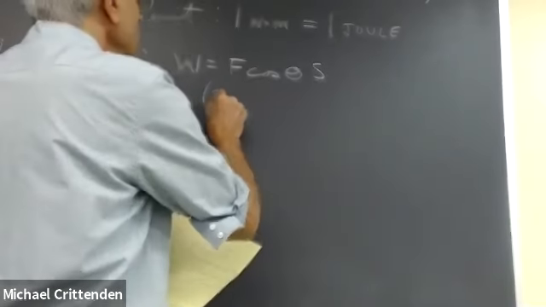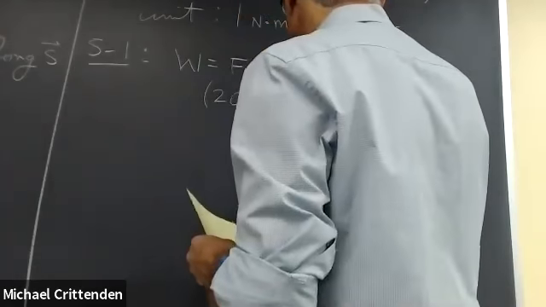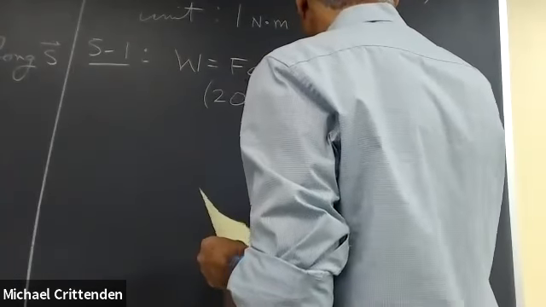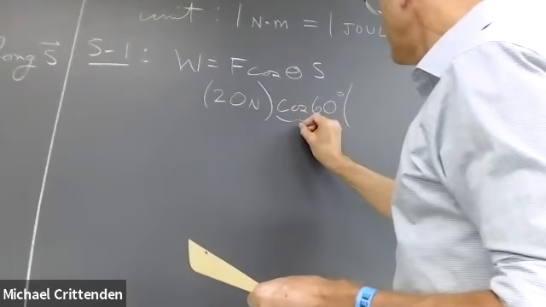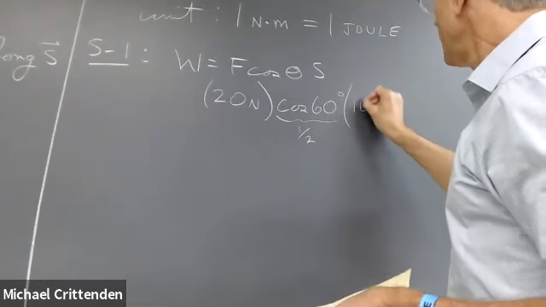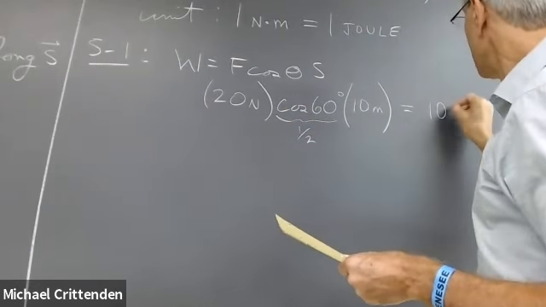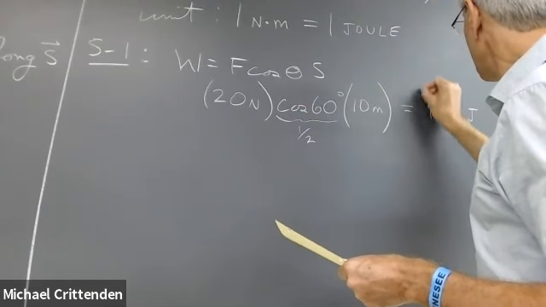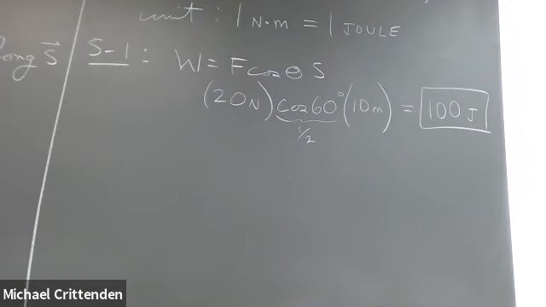So you've got a 20 Newton force times the cosine of 60 degrees, which happens to be exactly 1/2, times the 10 meters. 100 joules, not 200.